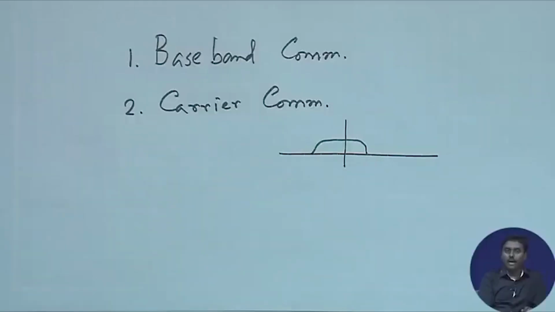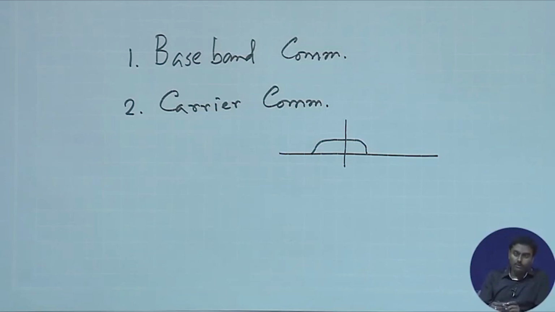Baseband communication means we transmit a low pass signal. Whenever we are transmitting, if we look in the frequency domain, it will occupy some low pass band. That is generally called baseband communication.